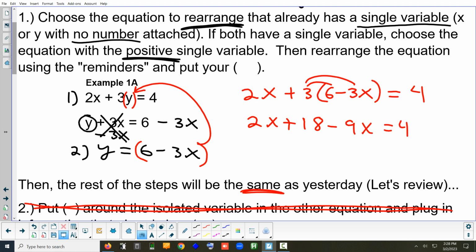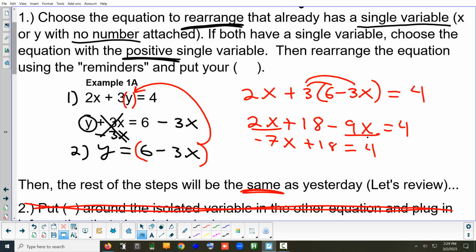Okay, so we've got distributive. What else can I do on the left-hand side? I can combine like terms. I see 2x and negative 9x. How do those combine? Good. Negative 7x. So I just combine that with that. I still have the plus 18. And I still have the 4.